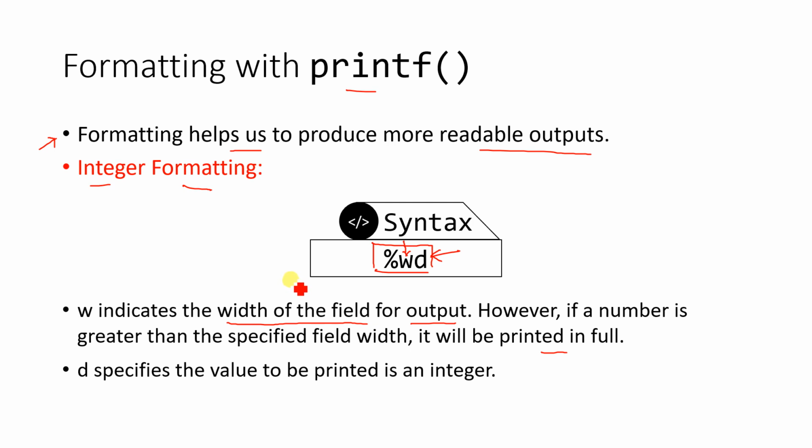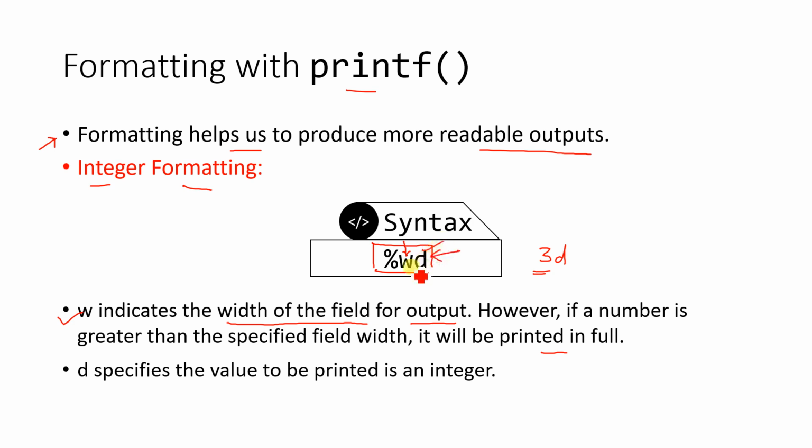But if you want to print a 4-digit number and you declared w as 3, then obviously three places or 3 boxes are not sufficient to display a 4-digit number. That is why the formatting will not be applied and the entire number gets displayed automatically. You will understand it properly when I take some examples.